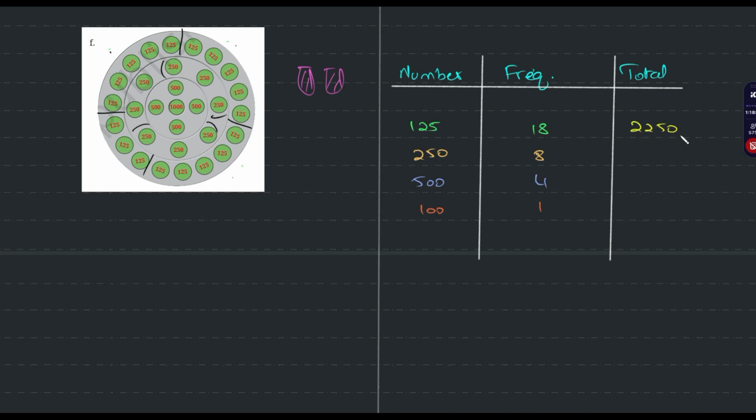And we have this clearly 2000, and this is 2000 as well. And this is 1000, by the way. The total is 7,250.